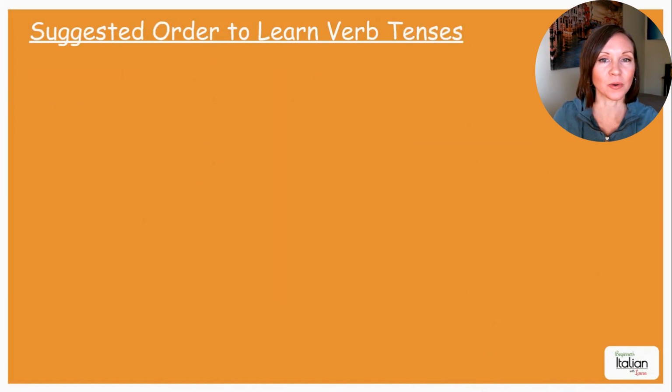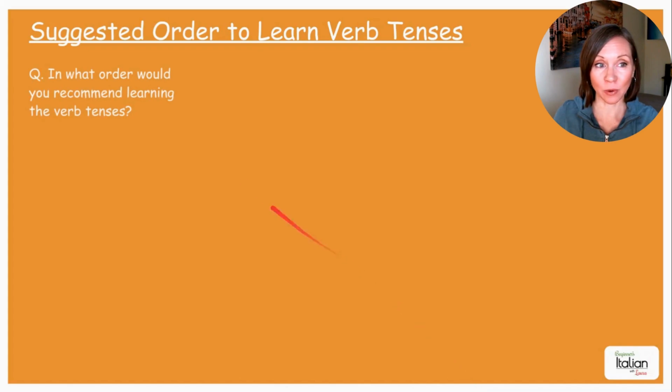Obviously you don't have to learn all of those at the beginning. In fact, you probably don't ever have to learn all of those unless you're going into interpreting or into a professional field. But at the beginning, in what order would you recommend learning these verb tenses?